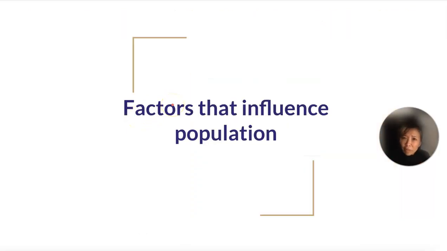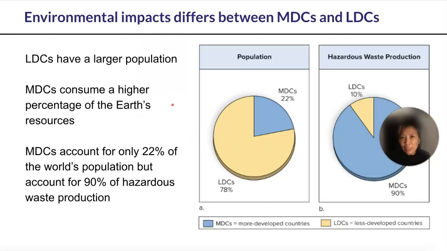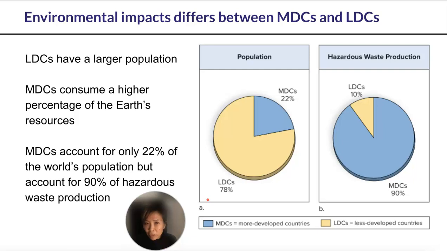And so what are some of the factors that can actually influence the population and the distribution and the rates? Lower developed countries tend to have a larger population. However, even though more developed countries don't have as large of a population, they tend to be more wasteful and they tend to be a larger consumer of earth resources.